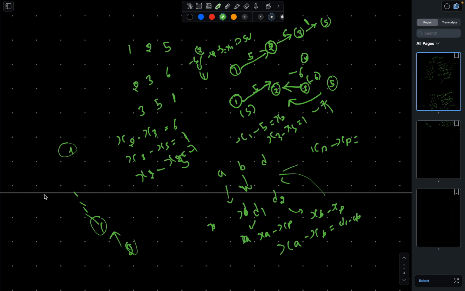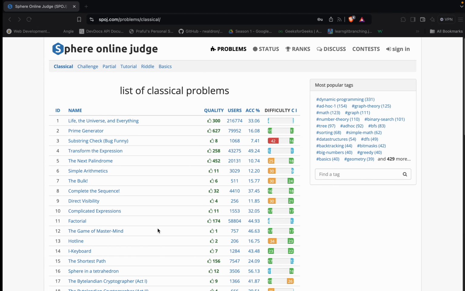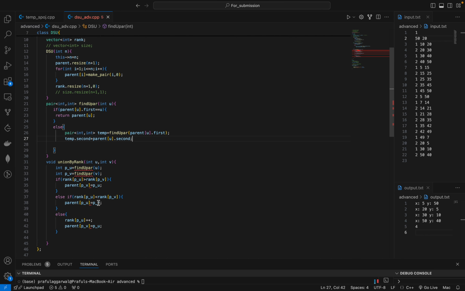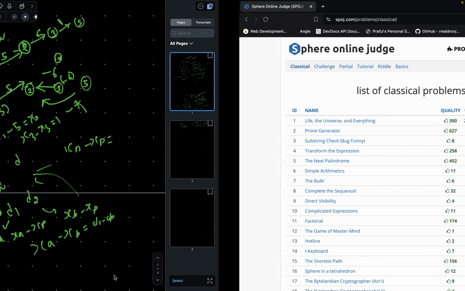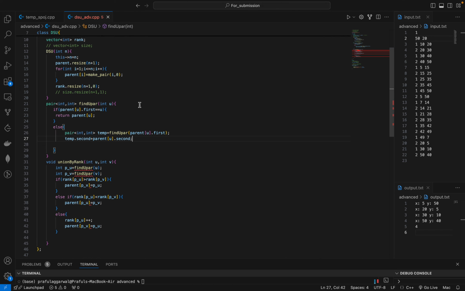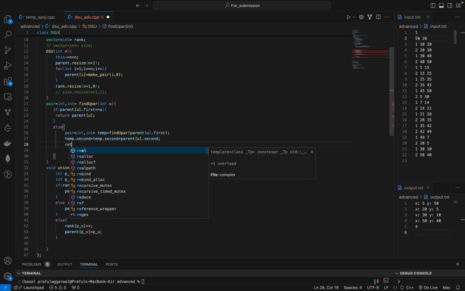So the distance between this is x, this is y. So what will be the distance of this node from this node? It will be x plus y, right? So here inside the temp dot second x is there, and inside our parent u dot second y is there. That's why we are adding that, right? So now let's assign this to temp dot second only, so we can return this only. So now our temp has the weight from current node and ultimate parent was already there, so we can return temp.